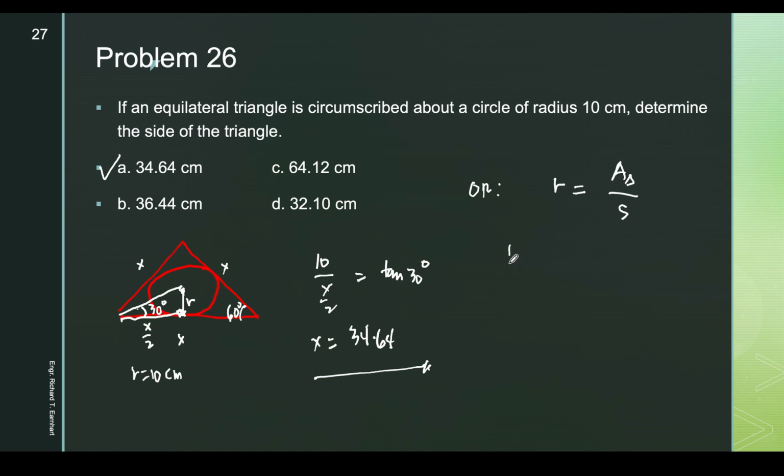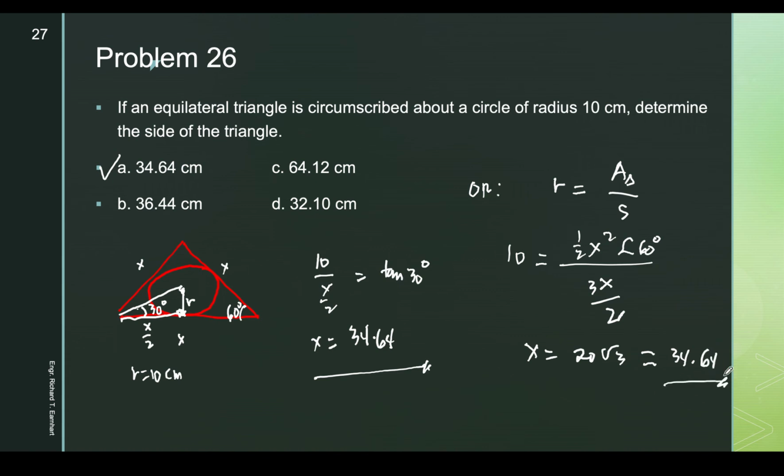So if the radius is 10, the area of an equilateral triangle is 1/2 x squared, where X is the common side, times sine of 60 degrees. And then the semi-perimeter will be the sum of all the sides, which is 3x divided by 2. Okay, and you can verify that this is also 20 square root of 3 or 34.64 centimeters.